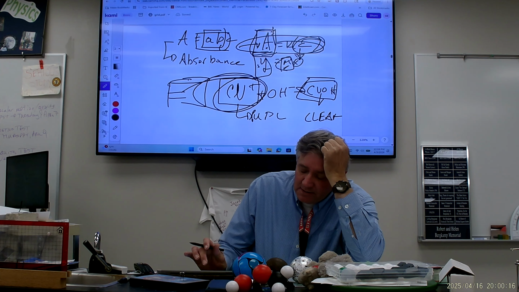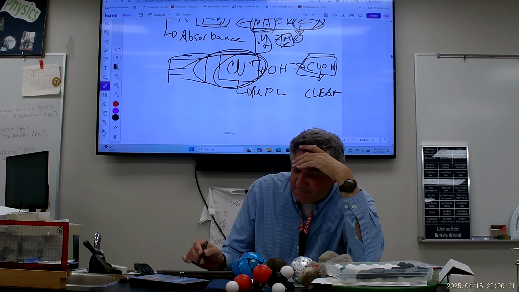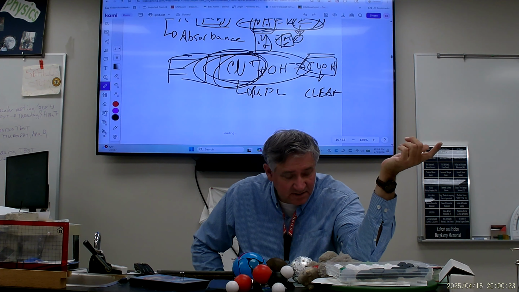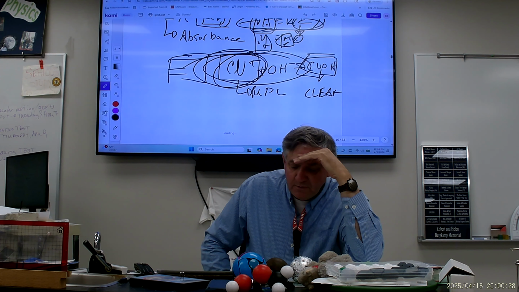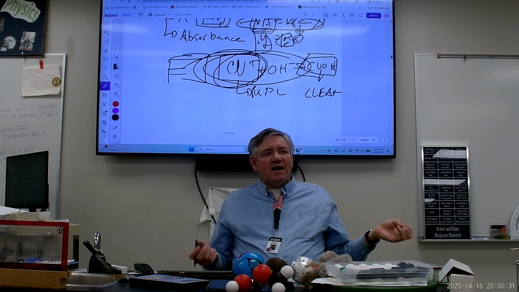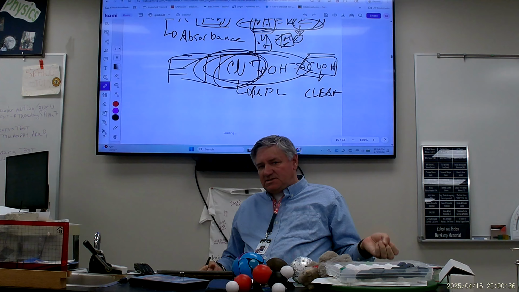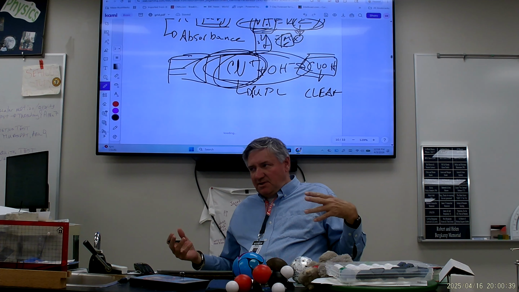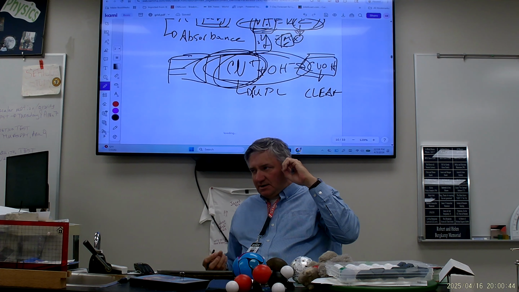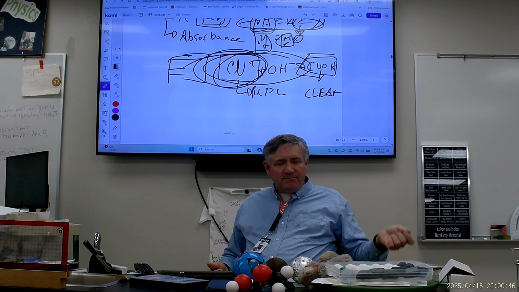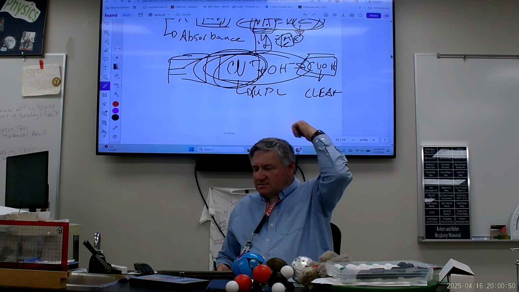On a pseudo rate law, even though when you look at this reaction, it should be dependent upon both the concentration of your CV+ ions and the concentration of your hydroxide ions, what we're going to do is make the concentration of the hydroxide ions so much bigger than the concentration of the CV+ ions that functionally the concentration of your hydroxide ions doesn't change enough to make any difference. So it'd be like going to the ocean and taking out a cup of water. Okay? Did you change the volume of the ocean?